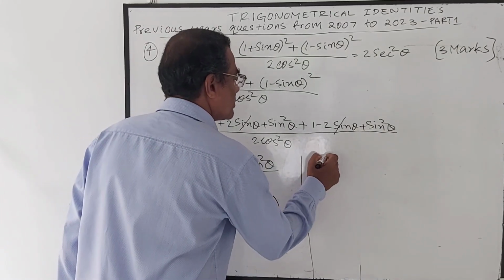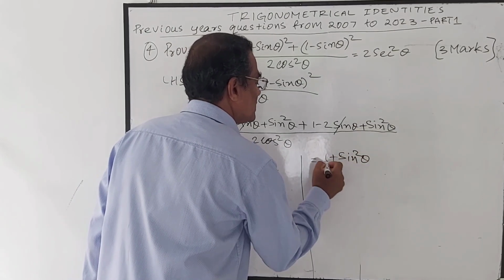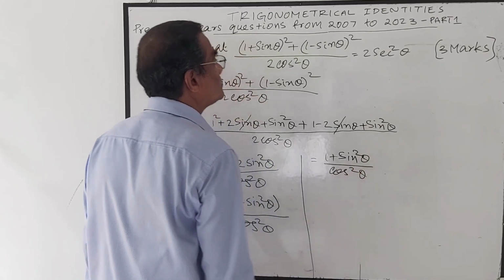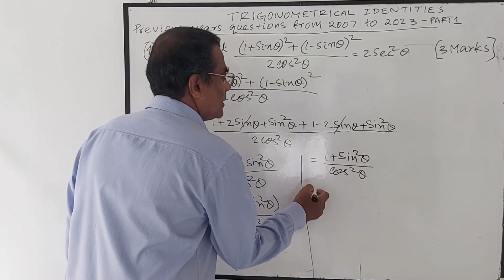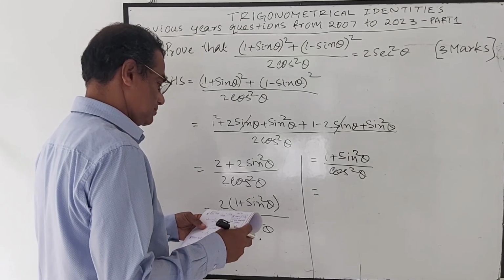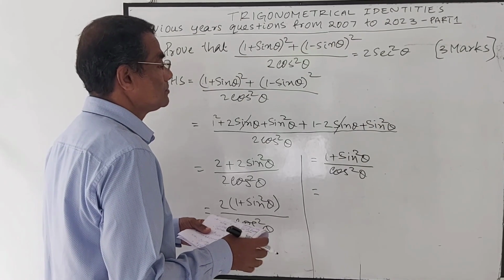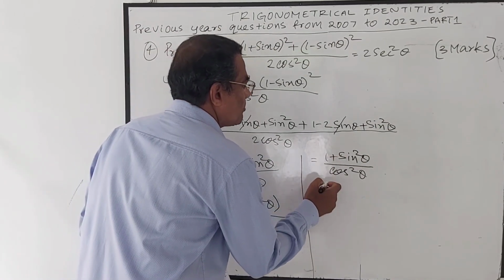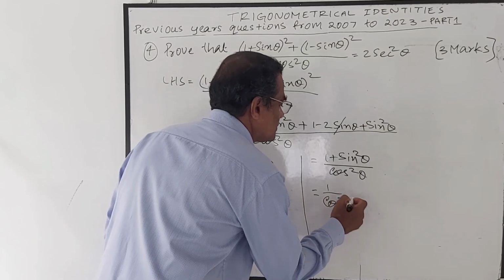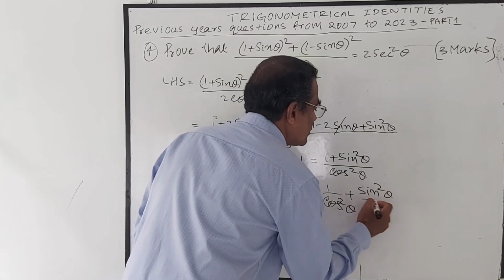So in the numerator 1 plus sin square theta divided by cos square theta equal to 1 by cos square theta plus sin square theta by cos square theta.